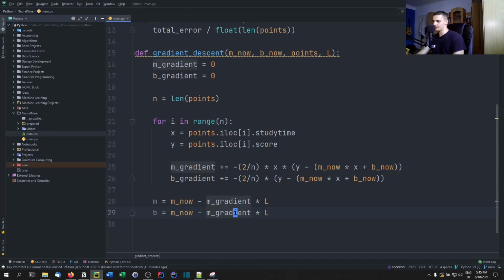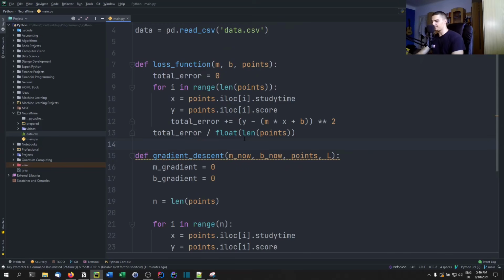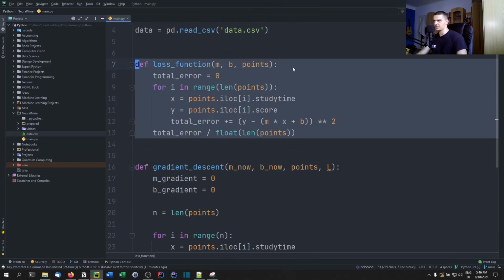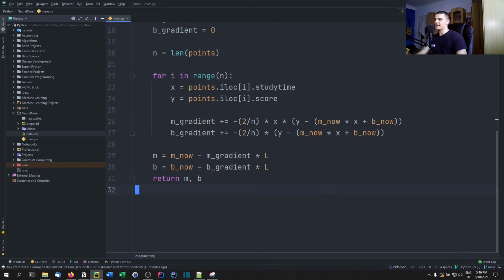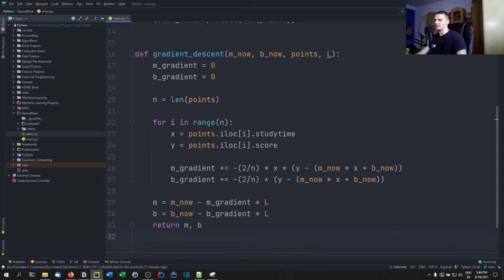Same for b. And that is actually it. And in the end, of course, we return m and b, both values. That is the gradient descent function. We can actually get rid of that function if you're not interested in it. But that is all we need to do in order to perform the linear regression.